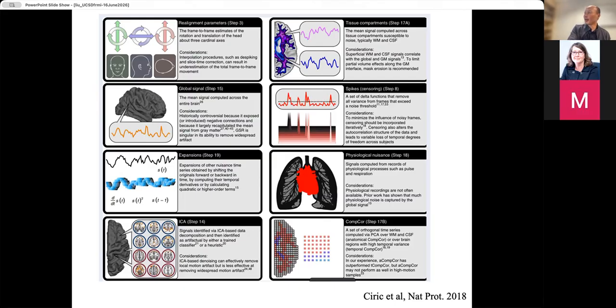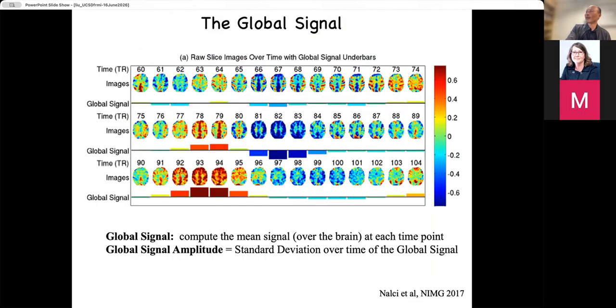I'm going to talk a little bit about CompCor and global signal regression as examples of things that are small but can have large effects. Just to get everyone on the same page, what is the global signal? The global signal is essentially you take your data and, for every time point, you average over space. Here is an image of the fMRI signal in a single slice, and for each slice I just average the data and I get the value of the global signal.